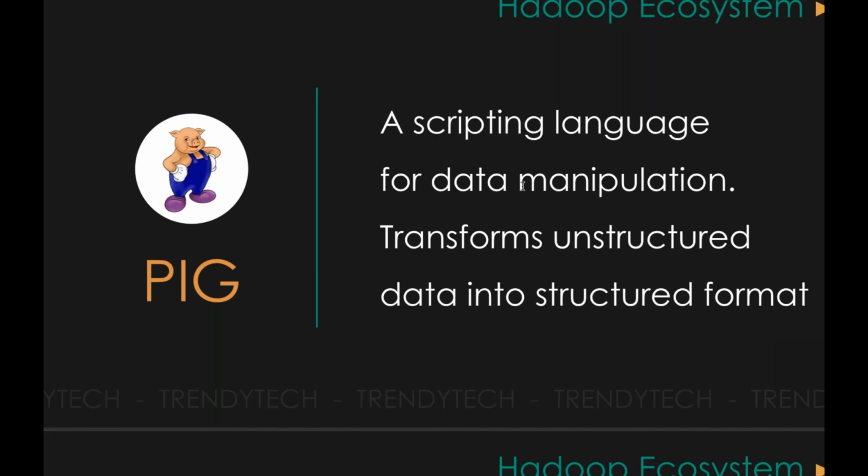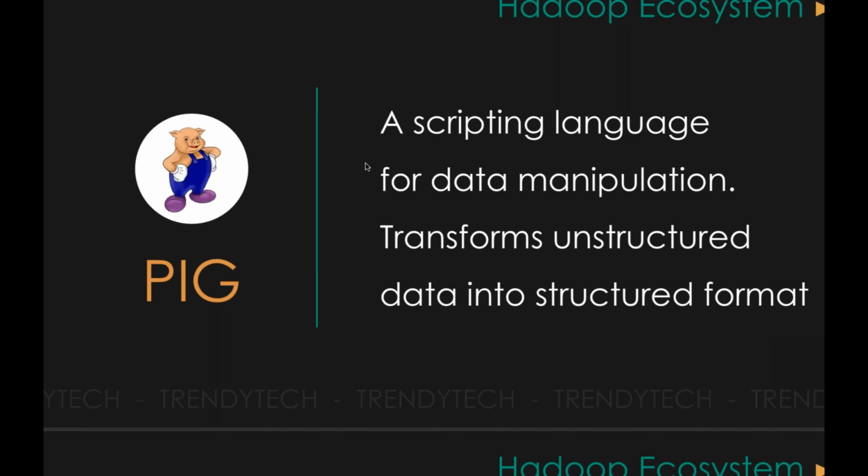But who will write 2000 lines of Java code when you can do it with 5 or 6 lines of Pig script? Think of it this way. So this makes life easy for a developer. So Hive, Pig, Scoop, all these things make life easy for a developer because you are able to do it in a quicker time using much less code.